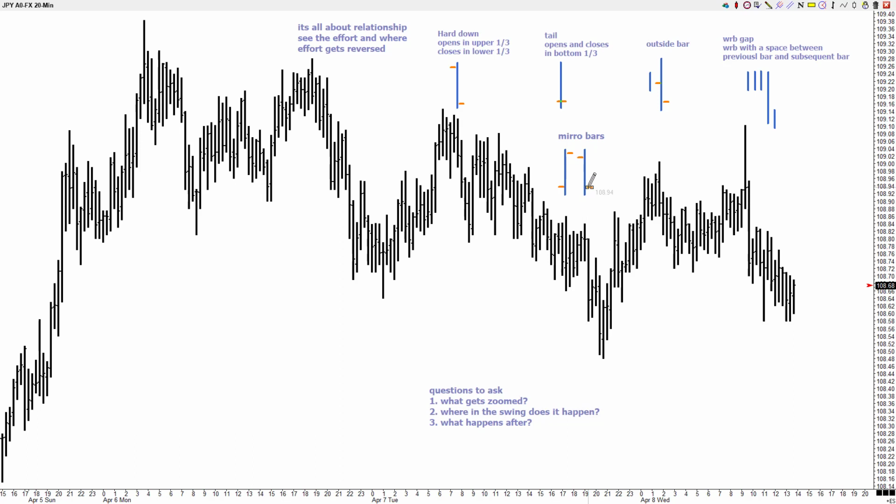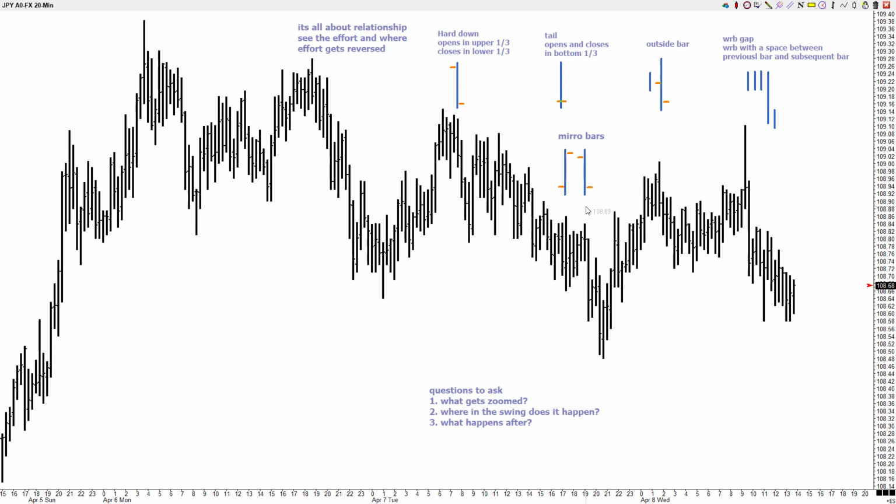There we go. They open, they take it up. This one closes up here, but immediately reverses and comes down here. So if this was a 20-minute bar, you looked inside of this and said, let's look at the 10-minute bars, it would be 10-minute and 10-minute. So it's got the same essence as that, and we can see these on a chart.